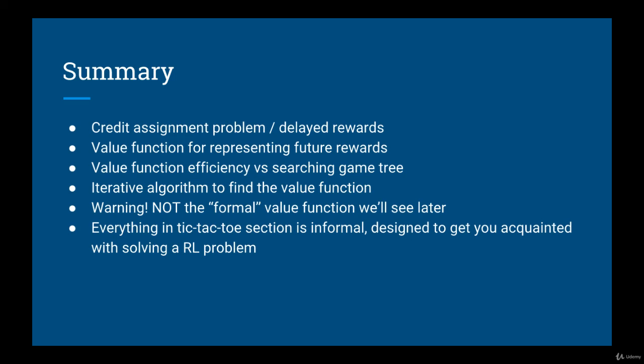So let's summarize what we just talked about. First, we looked at the credit assignment problem and the concept of delayed rewards. This is the idea that an action you take now doesn't necessarily lead to a reward right now. In fact, it might lead you to a reward many steps ahead. A great example of this is studying.